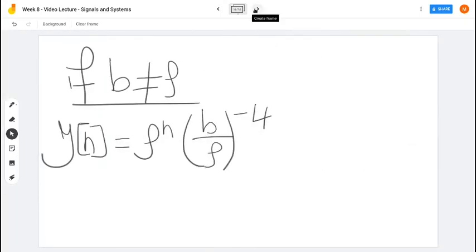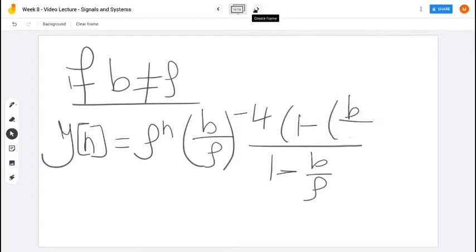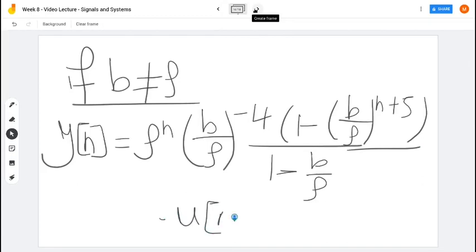Of course, multiplied with the unit step u of n plus 4. So this would be the output for the given input.